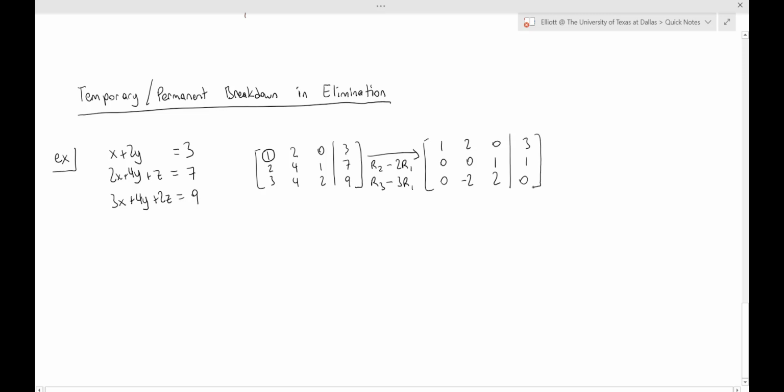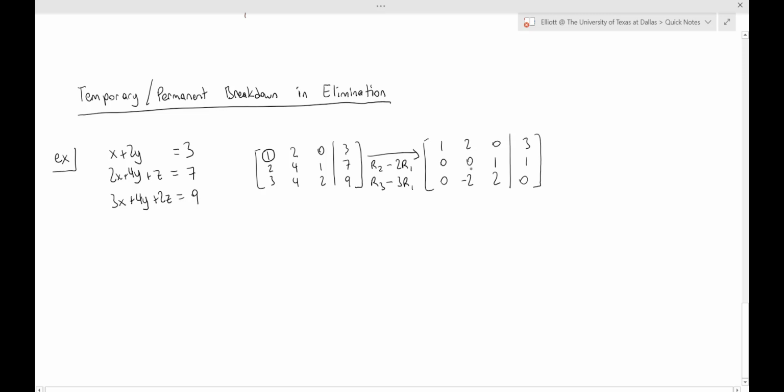Now remember, the goal of elimination is to try to get to the upper triangular form. So what we'd want to do then is use our pivot here to eliminate everything beneath it. However, you can't eliminate anything with a zero pivot.